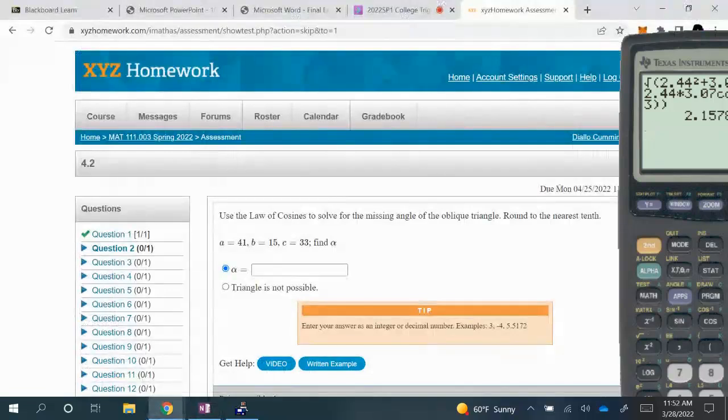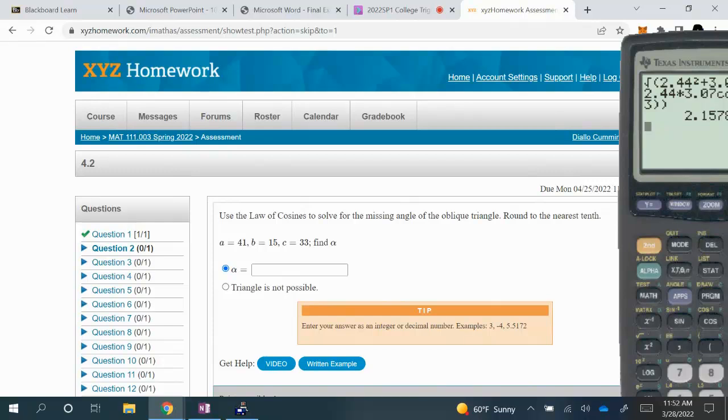Right, so if I were to go back, let me just double check. Okay, A is 41, B is 15, C is 33. Here again, we're given two options. We're asked to find, and I'm sorry, we're given A, B, and C. My eyes are bad.